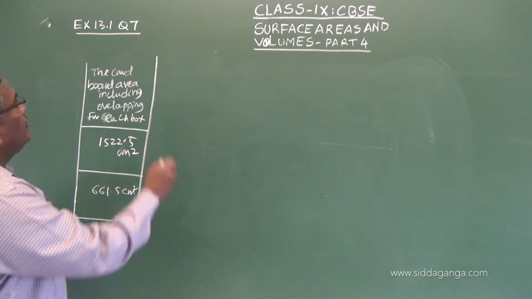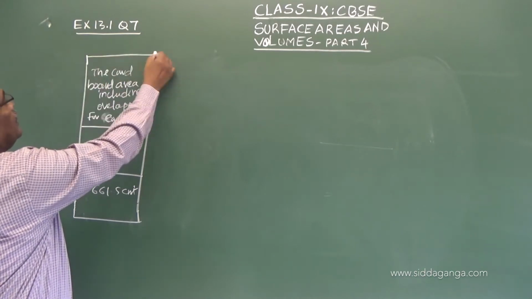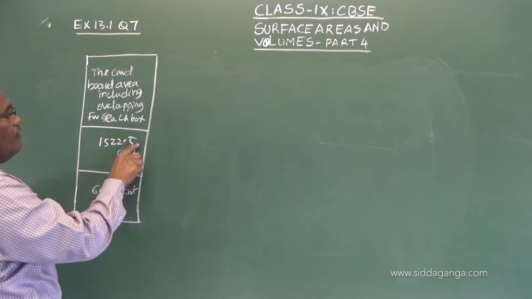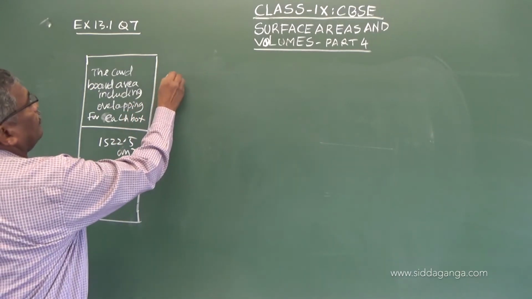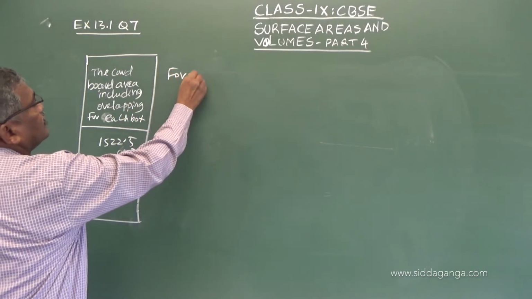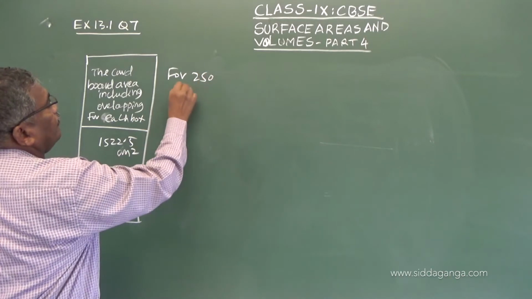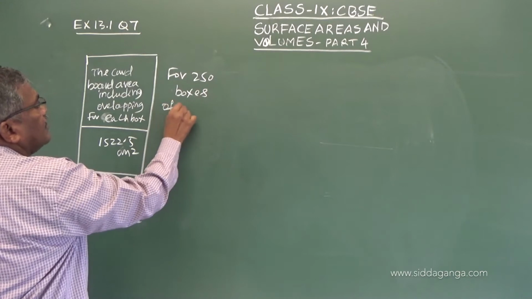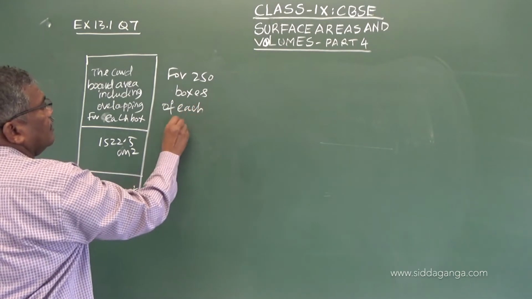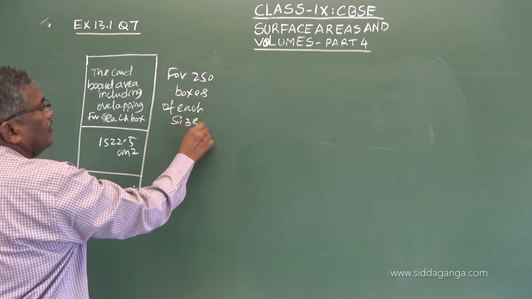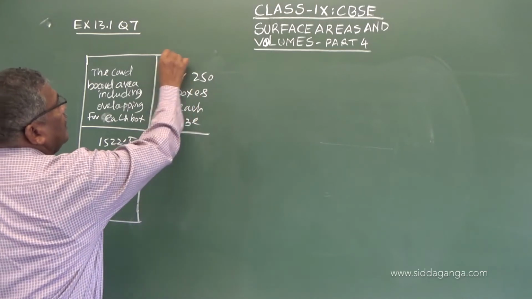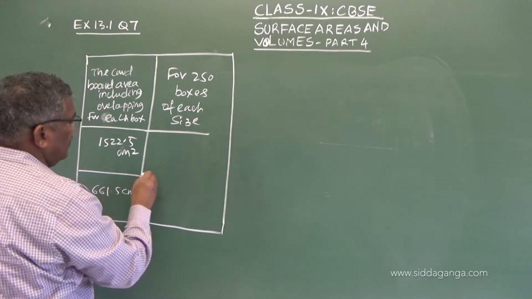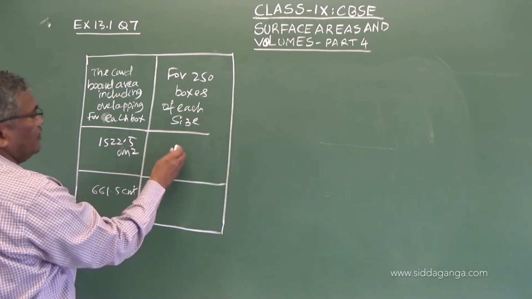Now see, we will continue the table now. This is for one box, so therefore for 250 boxes of each size, we have to calculate the area. So you have to calculate this area with 250.